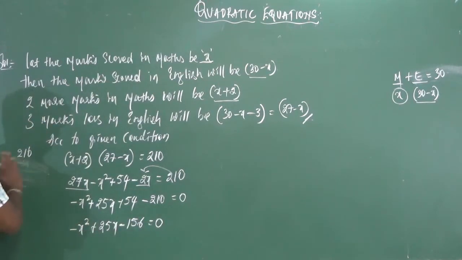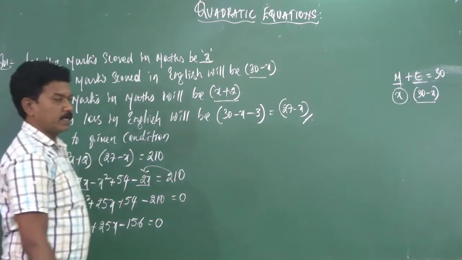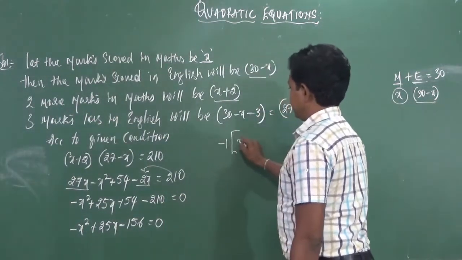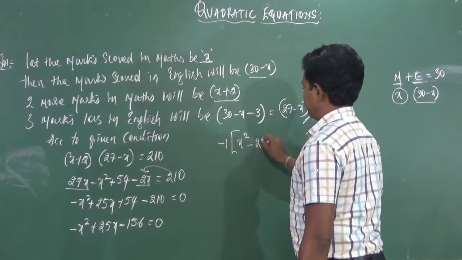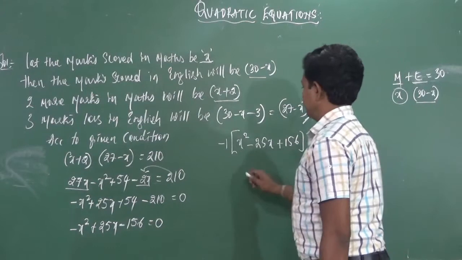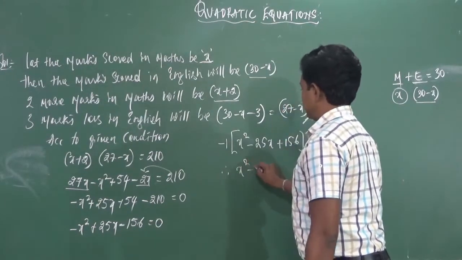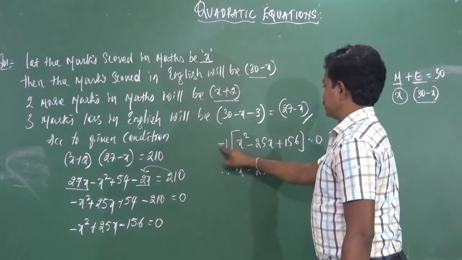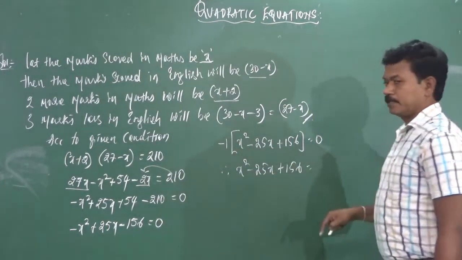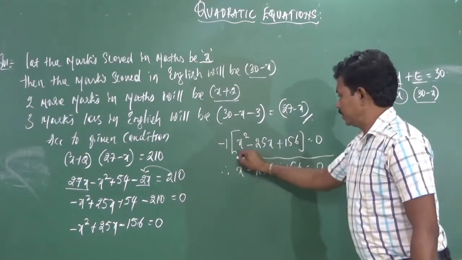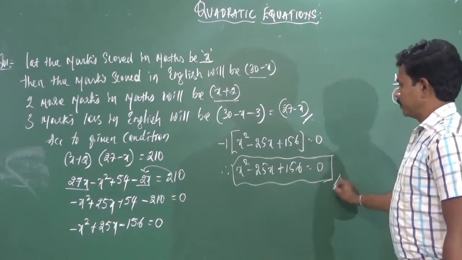Here you can take minus 1 as common. So it becomes x square minus 25x plus 156 is equal to 0, as 0 divided by minus 1 is 0. This is the required quadratic equation.